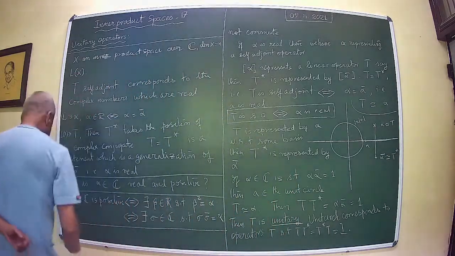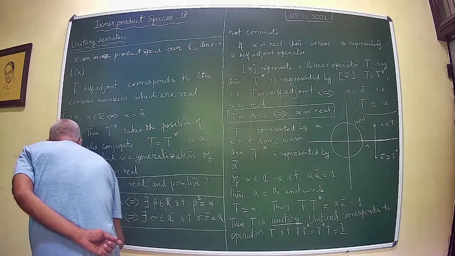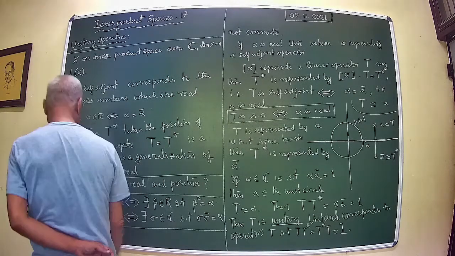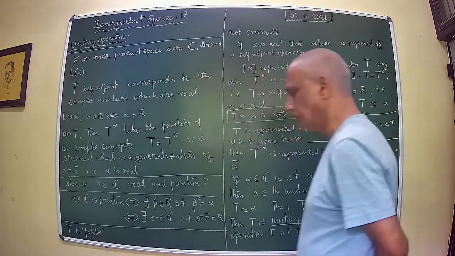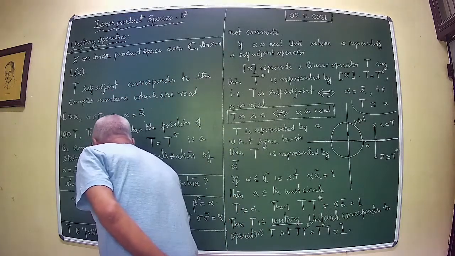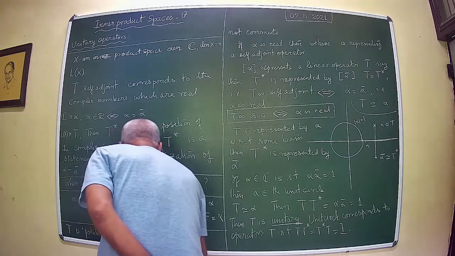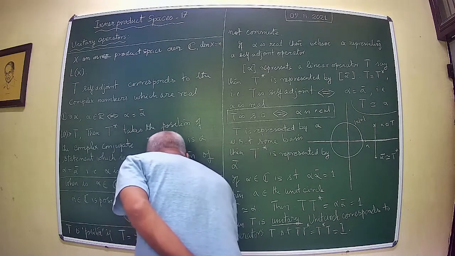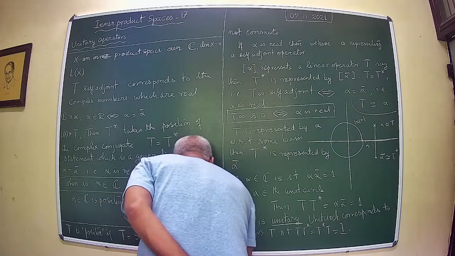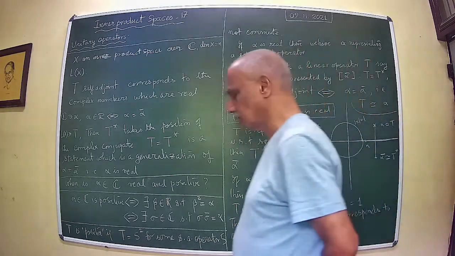Say that T is, let us call that, positive if T is equal to S square for some self-adjoint operator S. Yes, that is one thing.